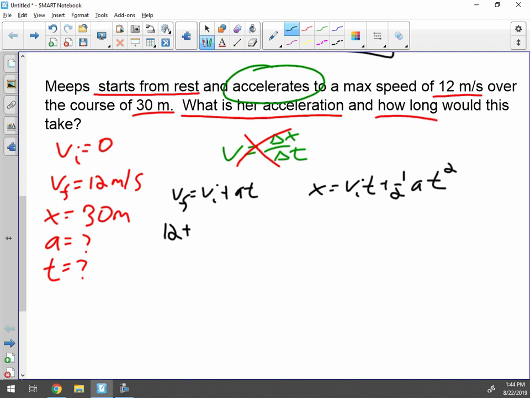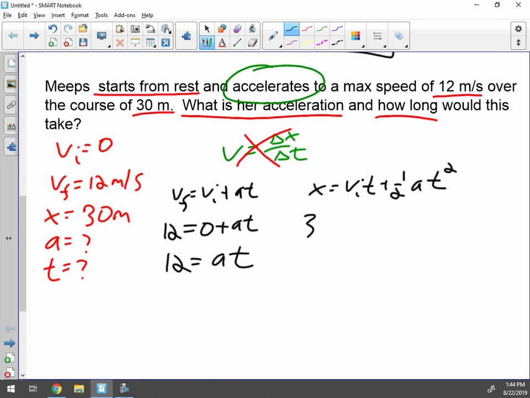I have 12 equals 0 plus at. That can simplify to 12 equals at, and I'm stuck there.